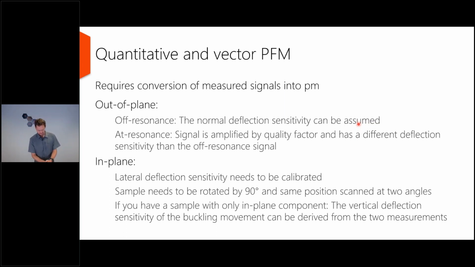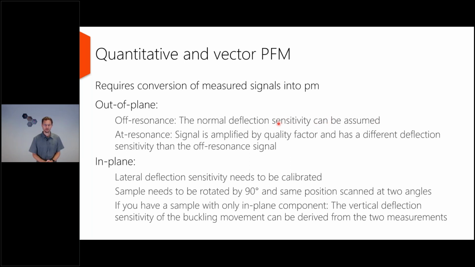I already mentioned in the beginning that I would come back to quantitative measurements and vector PFM. If you want to do that, it requires conversion from the measured signals, which are obviously in volts, into picometers. If you're working off resonance, and let's start with the out of plane, that is the simplest one. With off resonance, the normal deflection sensitivity can be assumed to hold.